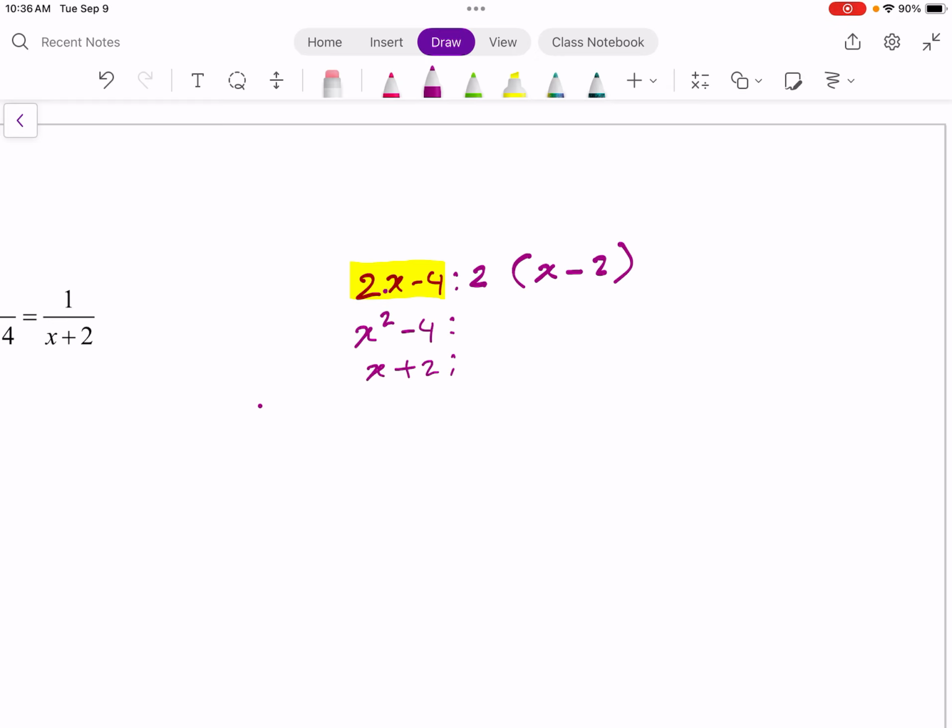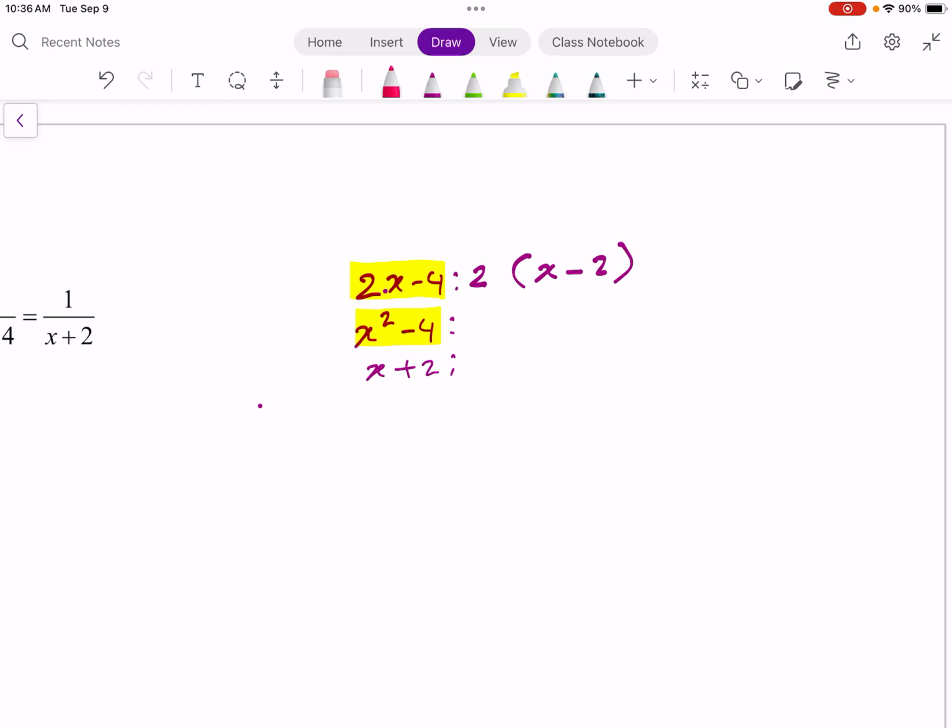Now let's go to the next denominator, which is x squared minus 4. How do we factorize x squared minus 4? We have our two terms, right? The first step, do we have any common factor in each term? Do we have any common factor in x squared and negative 4, like we had in the first denominator? Other than positive 1 and negative 1, do we have any other number as a common?